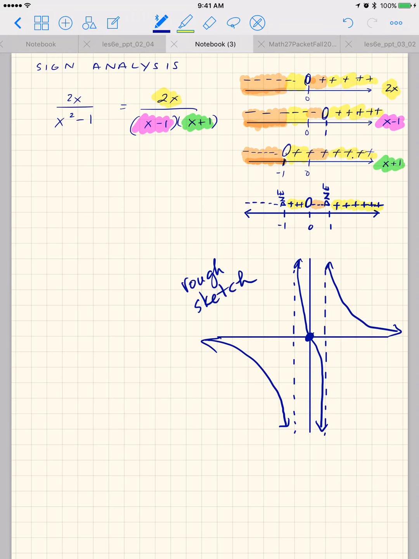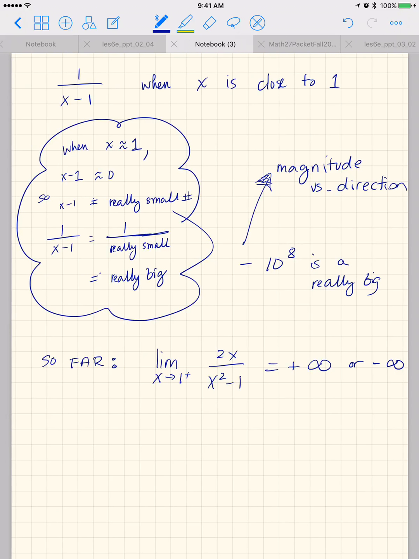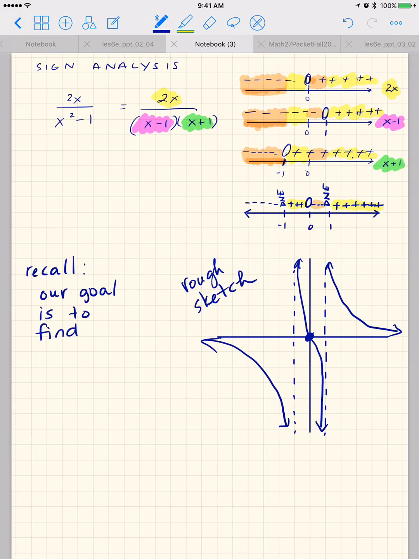Now for our purposes, we don't have to do the full sketch because recall that our goal is to find the limit as x goes to 1 from the right of 2x over (x minus 1)(x plus 1).